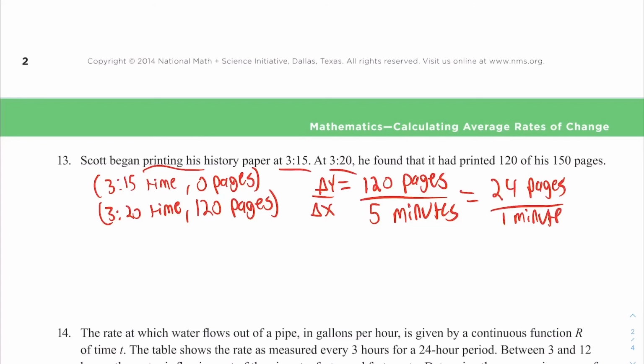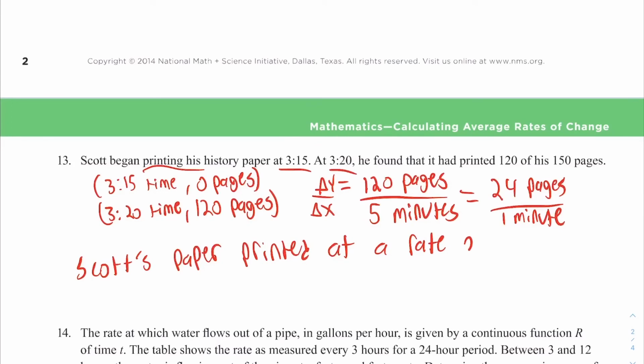So this means the sentence would be Scott's paper printed at a rate of 24 pages a minute. Oh, at an average rate.